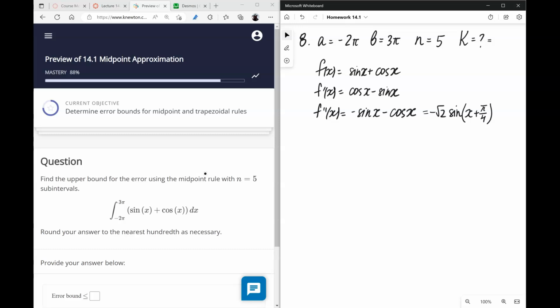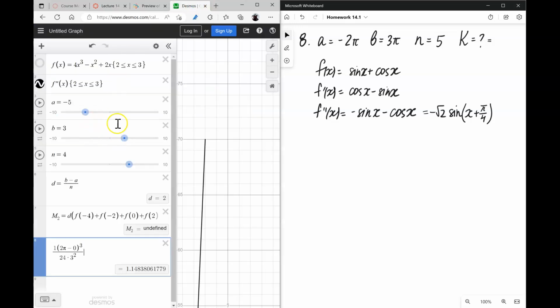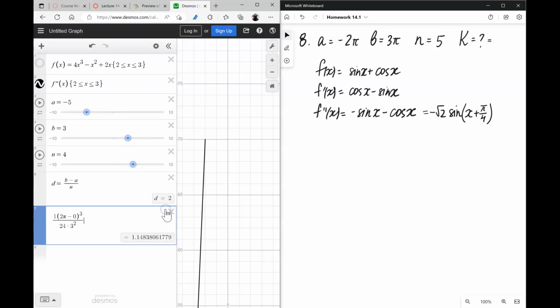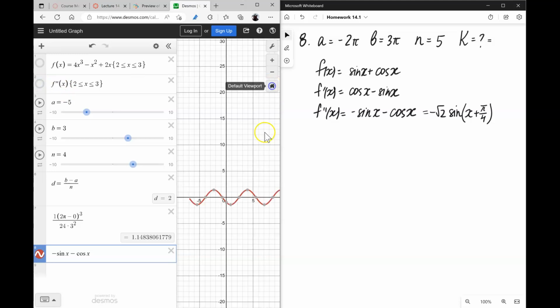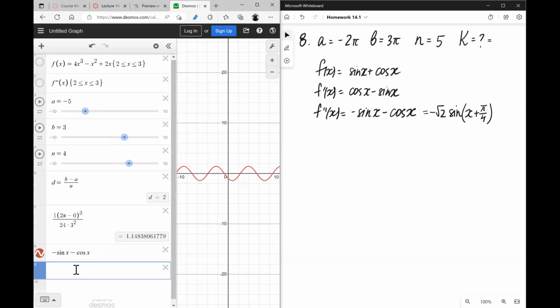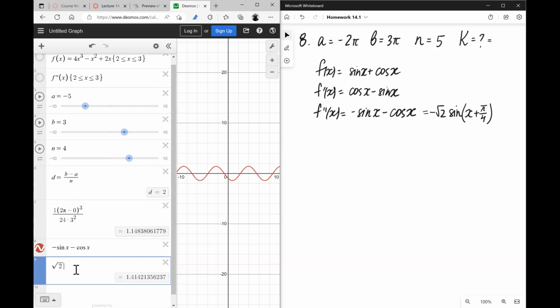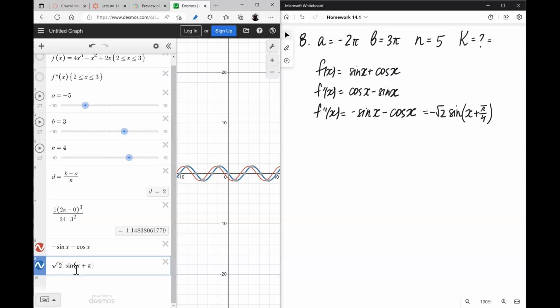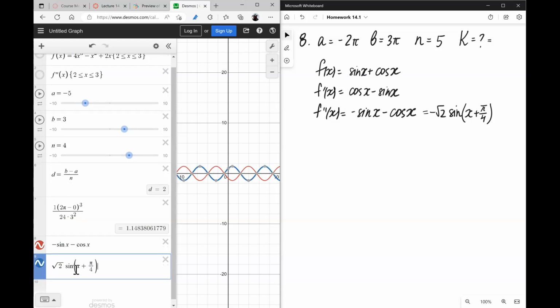Let's check that. We're going to graph negative sine of x, negative cosine of x. That's the graph in red. And we're also going to graph square root of 2 sine of x plus pi over 4, and I need to put the negative in the front, right? So it is the same graph.